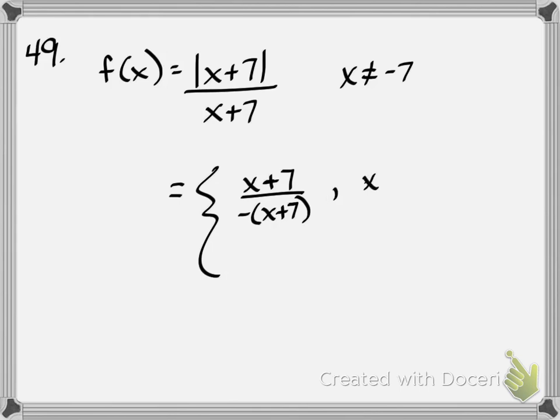I'm struggling setting this up, but the 7's throwing me off. For x less than or equal to -7, and then the positive for x greater than 7. Let me stare at that for a little bit.